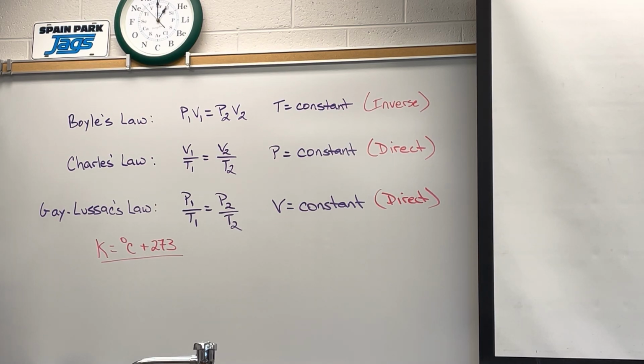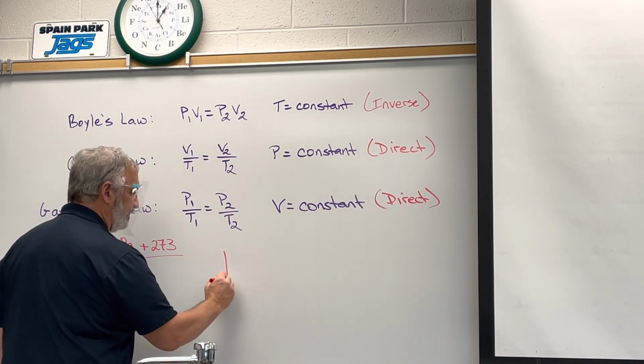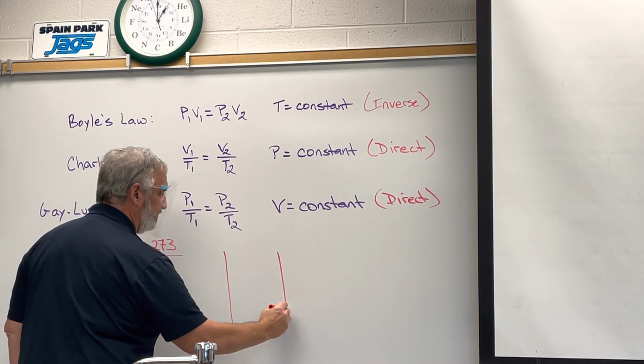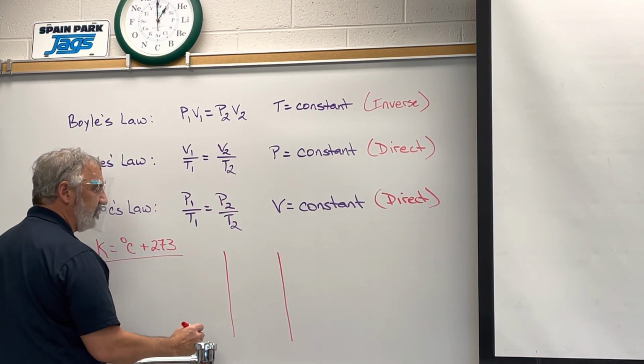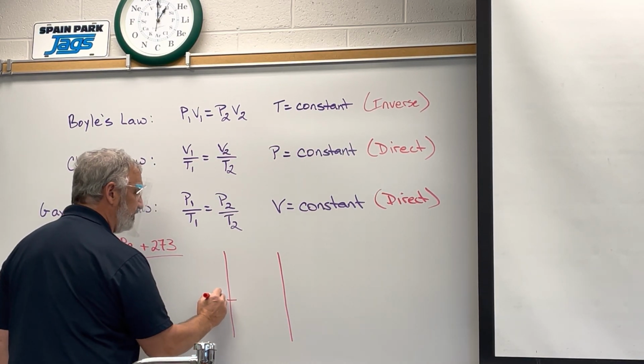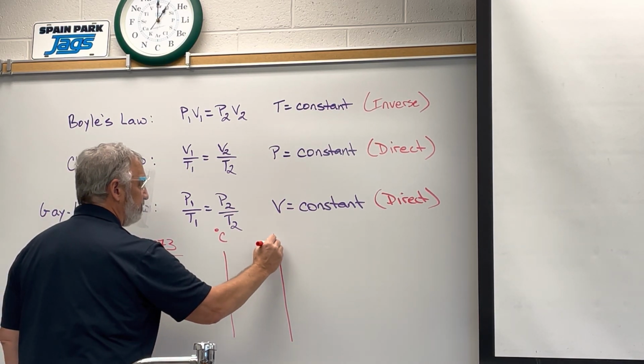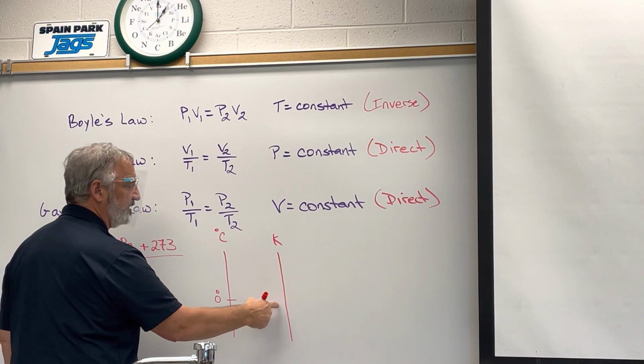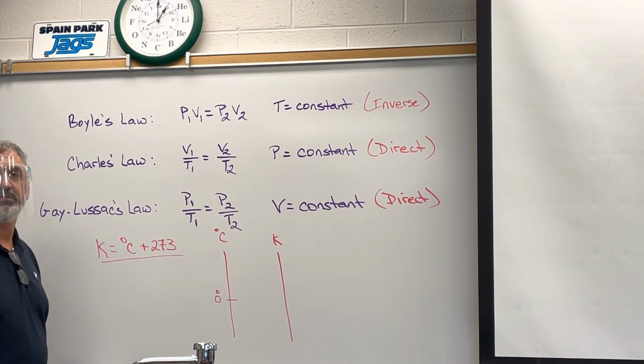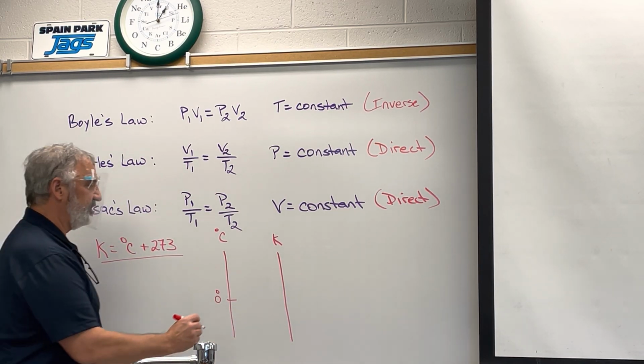Okay? So if we look on two thermometers, and we talked about this, I think, earlier in the year. 0 degrees Celsius is going to be what Kelvin? 273.